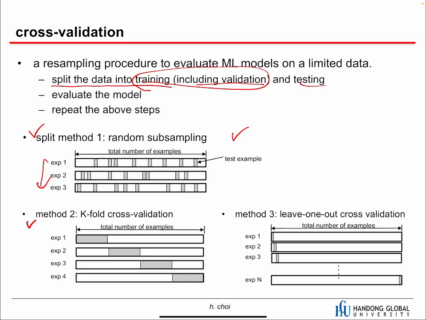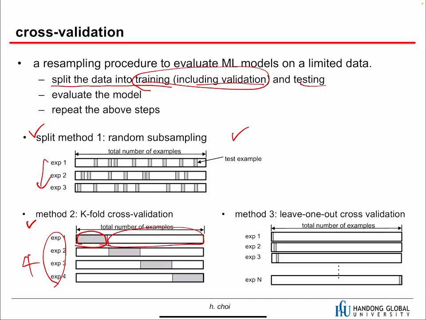We use k-fold cross validation. In this example, we have a 4-fold cross validation. So we use the first 25% of the data as testing, and the other ones for training.